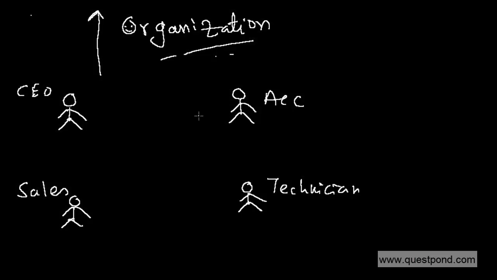Now, as per the roles of each of these persons, they would be generating data. For example, the accountant must be maintaining all of their data in an Excel sheet. All the balance sheets and day-to-day journal entries are entered into Excel sheets. The salesperson would be maintaining presentations in PowerPoint, in PPT files. The technical person would be documenting lots of technical details in a Word document, right?